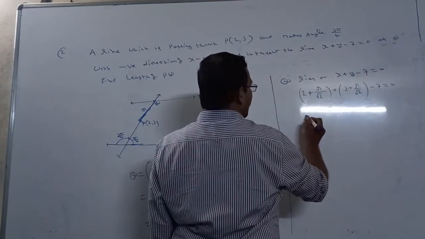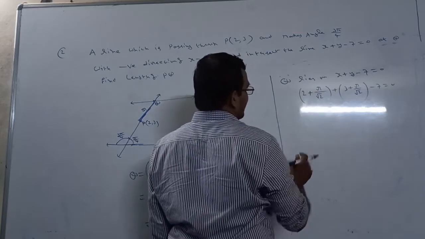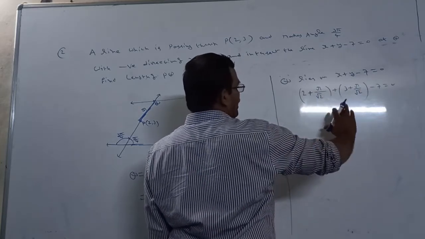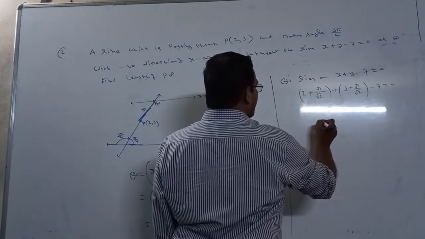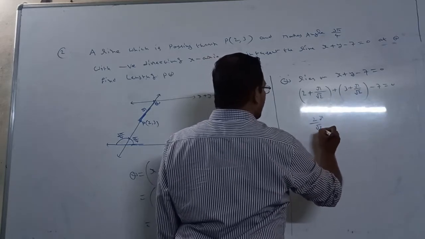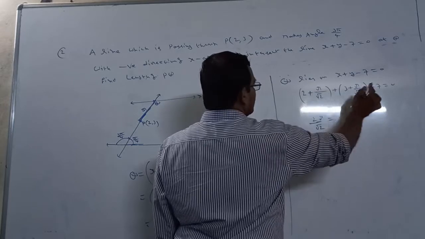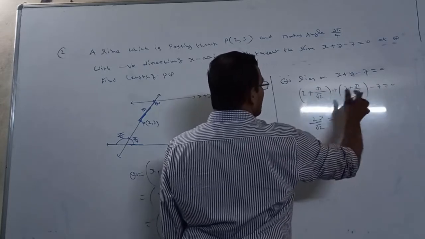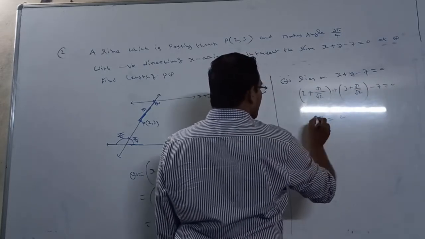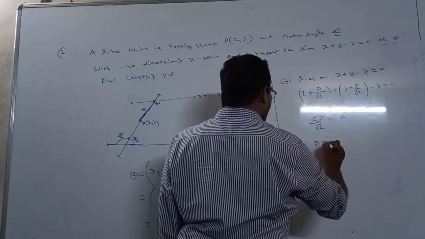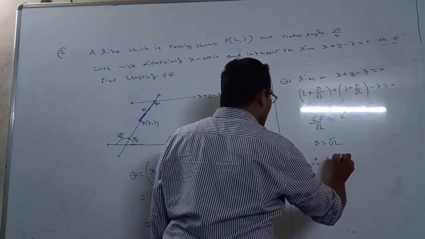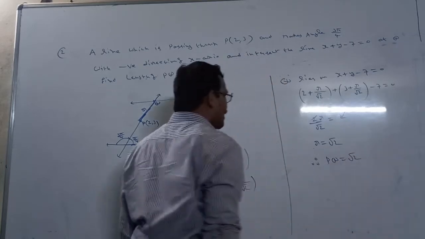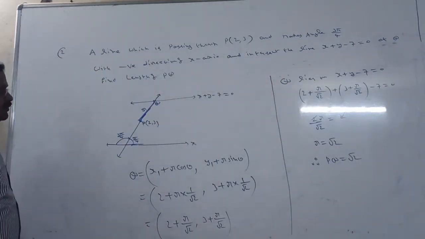It is 2 plus 3, 5 minus 7, minus 2. Minus 2 send to the right side. Now add both, r by root 2, r by root 2: 2r by root 2 equals 2. The 2 cancels. You got r equal to root 2. r is nothing but the length PQ, that equals root 2.